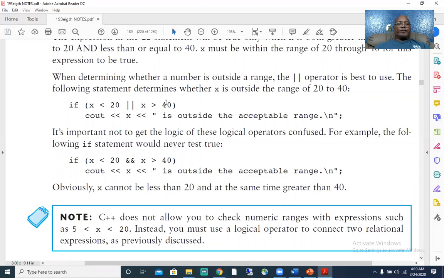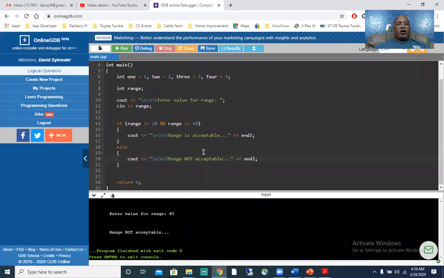All right. So let's go to our expression that we have in online GDB. All right. So here we have our range here. We're going to enter the range, but now we're going to change this, and we're going to say less than. But we're going to change our what? Logical operator to OR. All right.